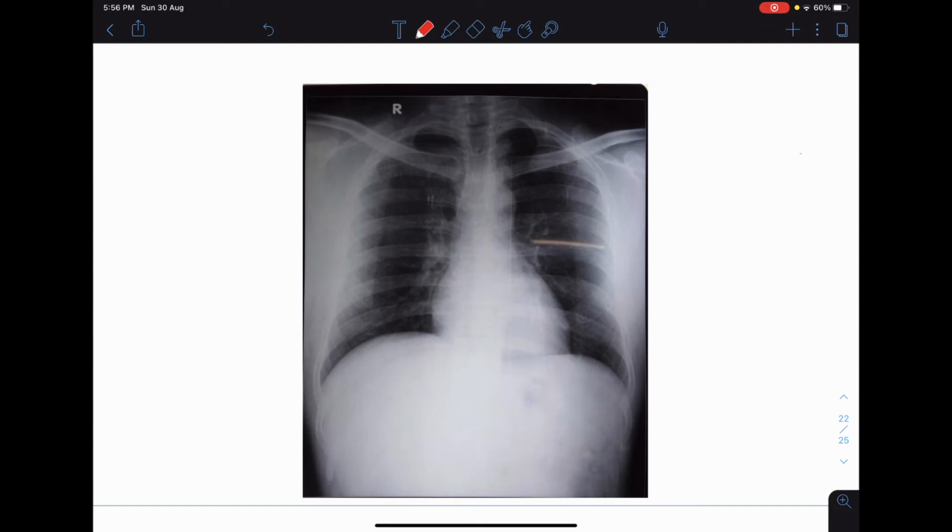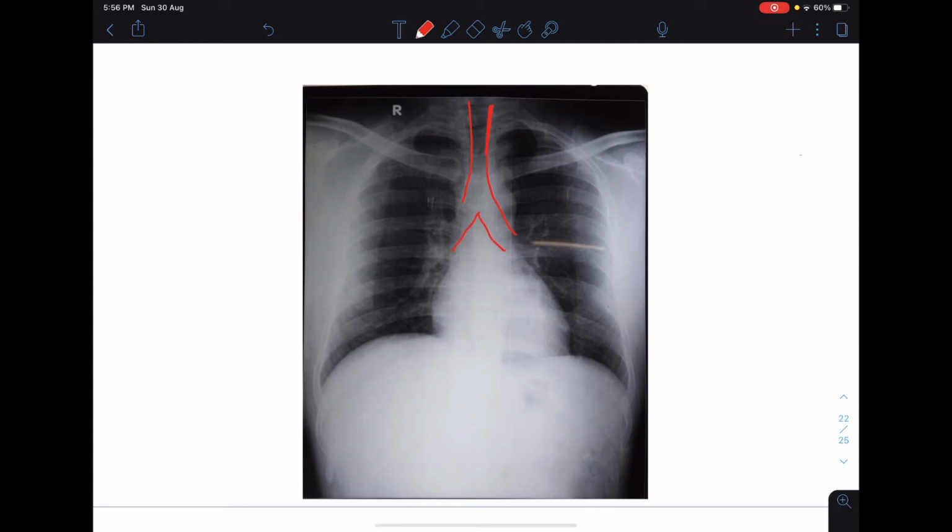By saying airway I mean first of all we can have a look at the trachea, whether the trachea is centrally placed, how is the carina, how is the bifurcation. We can see in this particular chest X-ray, if you look very carefully you can see the trachea. This is the trachea, and here it is getting bifurcated.